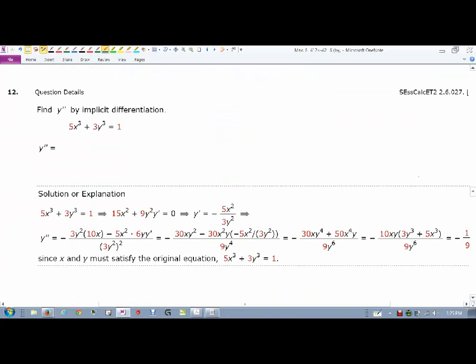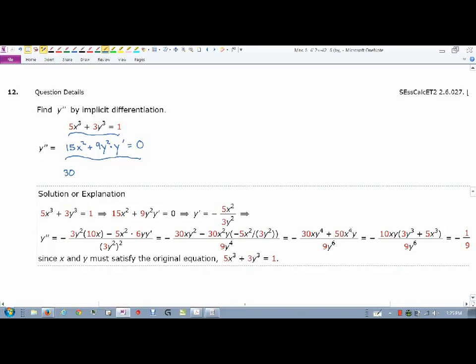All right, we're going to do the same sort of thing for this one. So first things first, I'm going to take a derivative. So the derivative of 5x cubed is 15x squared. The derivative of 3y cubed is 9y squared, then chain rule, be careful, times y prime, that equals 0. Let me go ahead and take the derivative again, because I need y double prime.